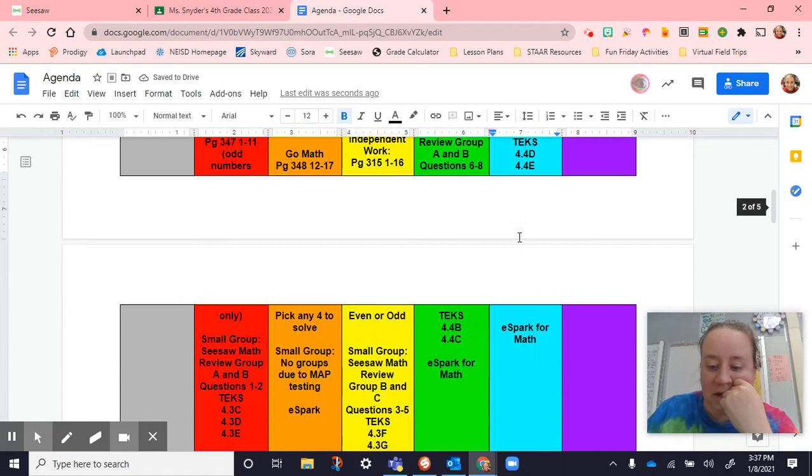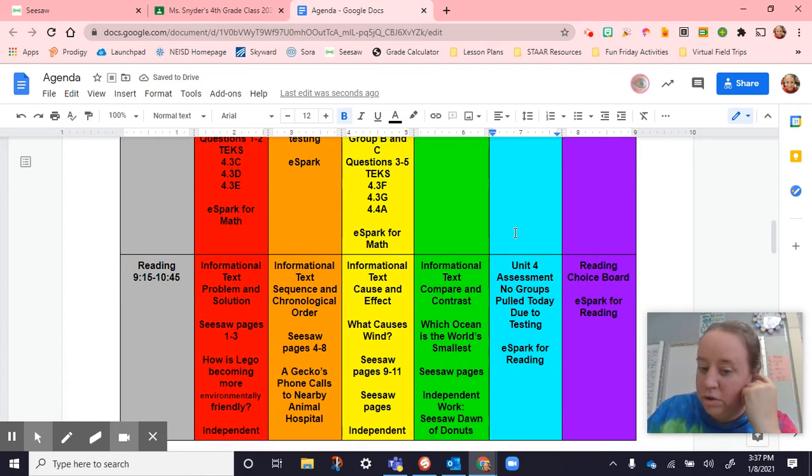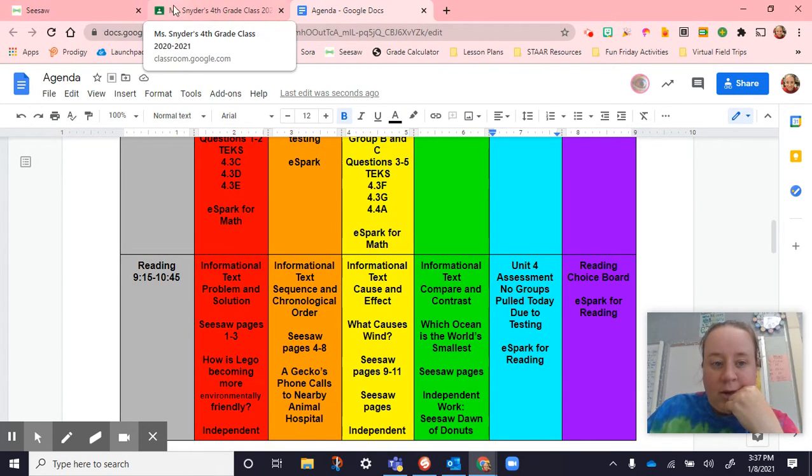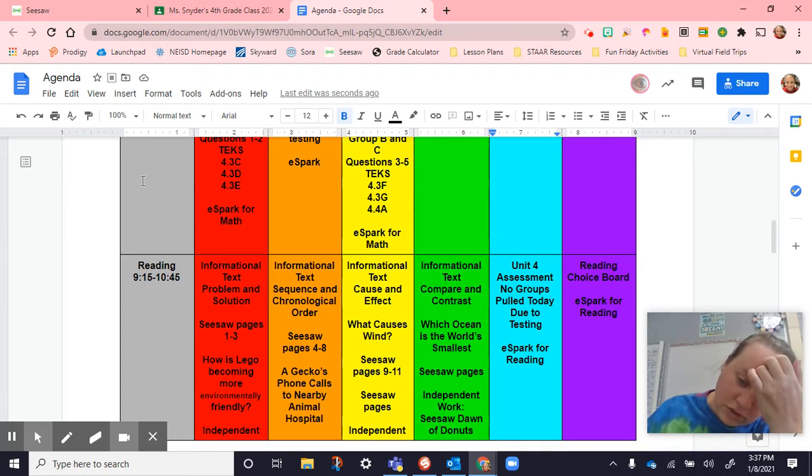And for reading today, we took our Unit 4 assessment, and that was in Aware. So whenever you log into Launchpad, you go to Aware and log in with your username, which is your lunch code, and your password is your birthday, 2 numbers for the month, 2 numbers for the date, and 4 for the year with the slashes.